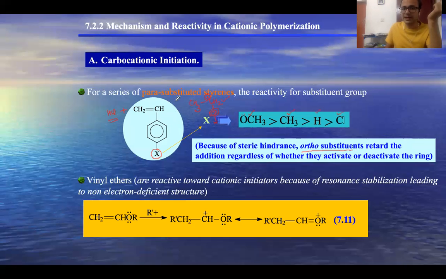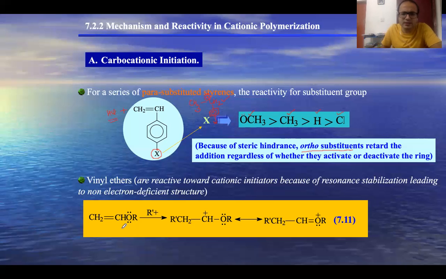So para substituents can effectively increase the rate of the cationic polymerization by electron donation, but if you have the ortho substituent, you do not have much cationic polymerization happening because of the steric hindrance.